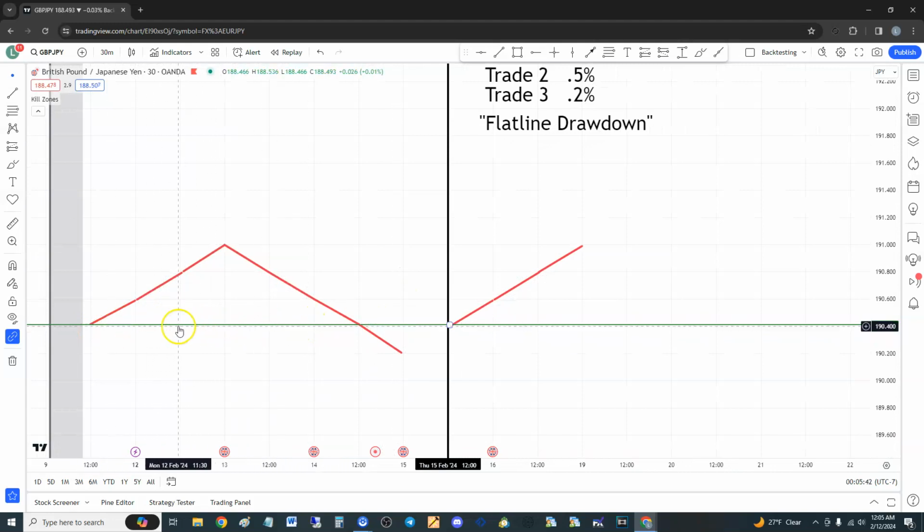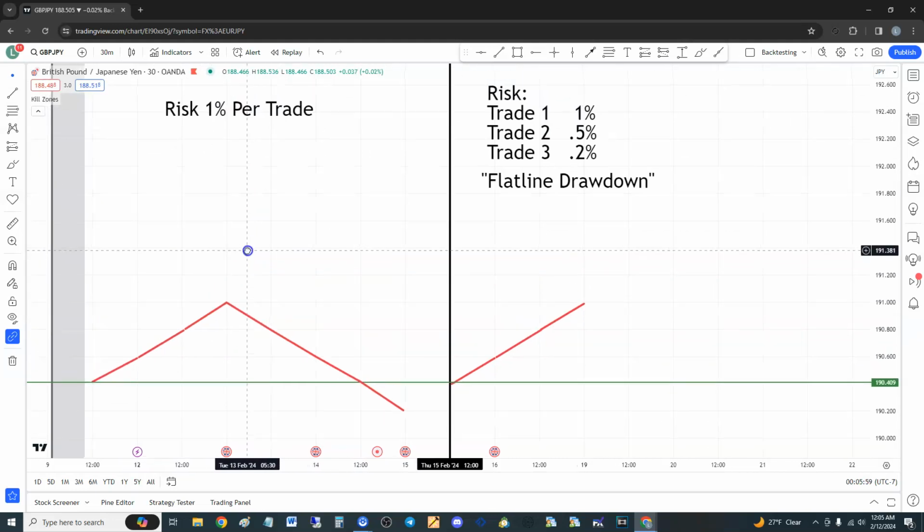This green line here is your starting point, right? If you get 4 losses in a row here in this example, we have already won 3 in a row, and then we lose 4 in a row. We're going to be 1% below our starting point, right? This is what happens when you get in a losing streak if you risk the same percentage every time.